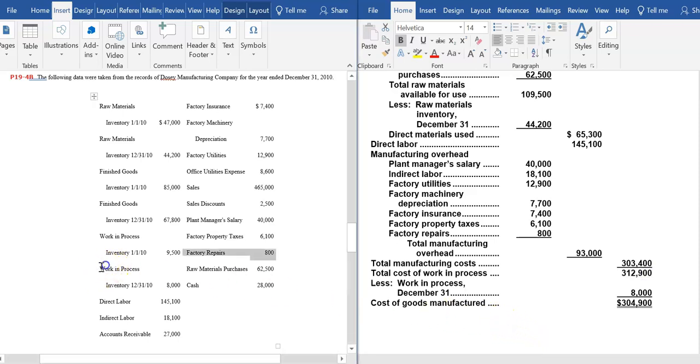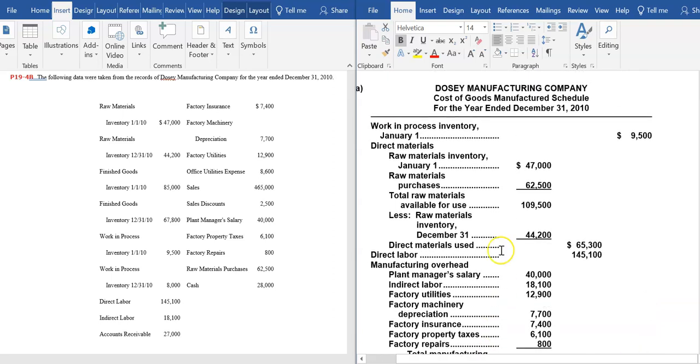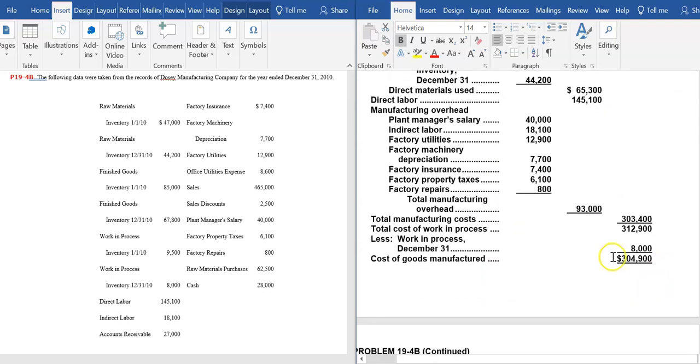If I subtract out the ending balance in the work in process inventory account, it will leave me with the amount transferred out of that account, or $3,049. Thus, total cost of goods manufactured for the year ended December 31st of 2010 is $3,049.